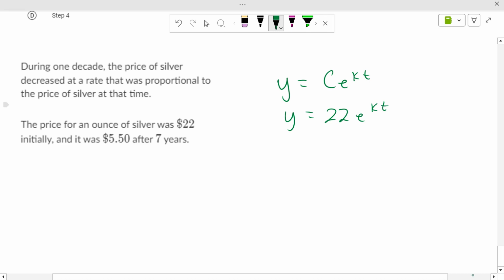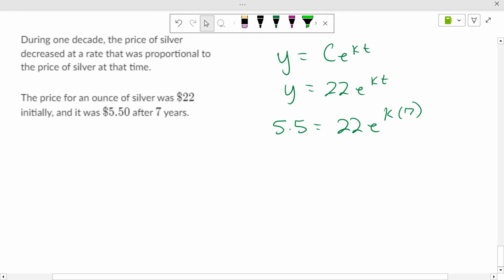It was $5.50 after 7 years. So 5.5 equals 22e to the k times 7. So let's solve this. And yes, I didn't finish the problem. There should be one more part of this.